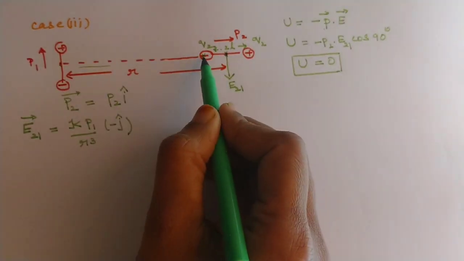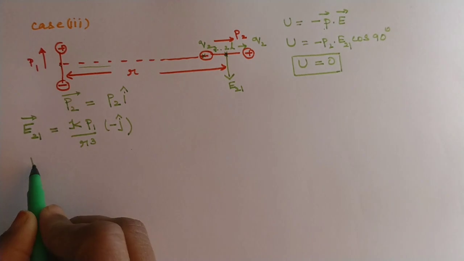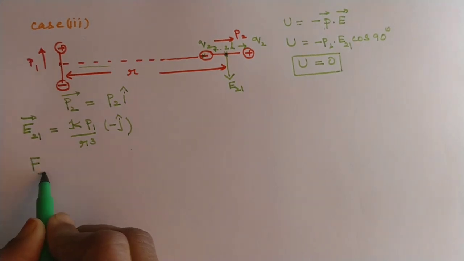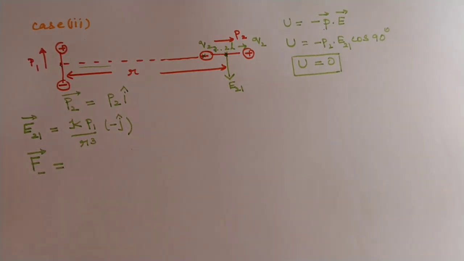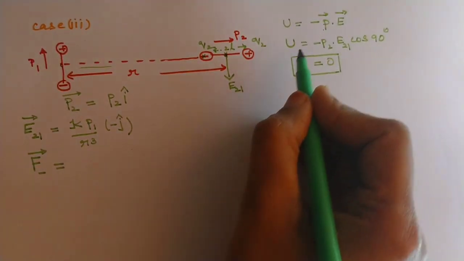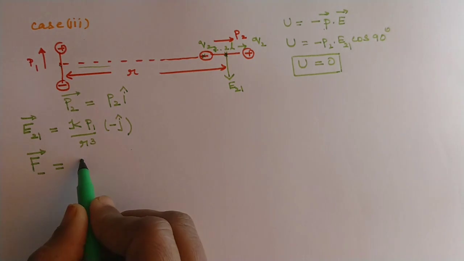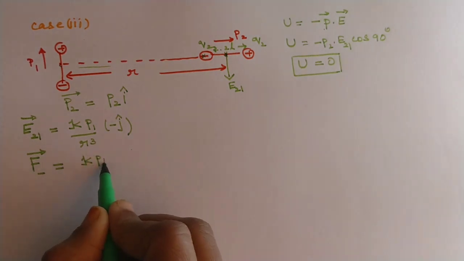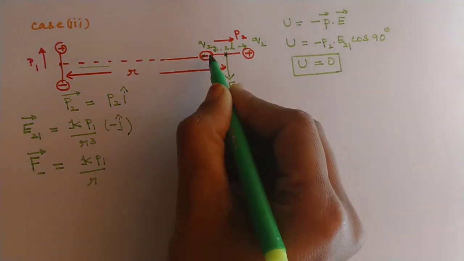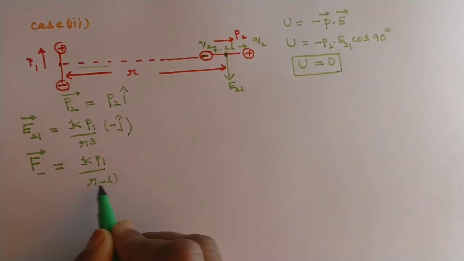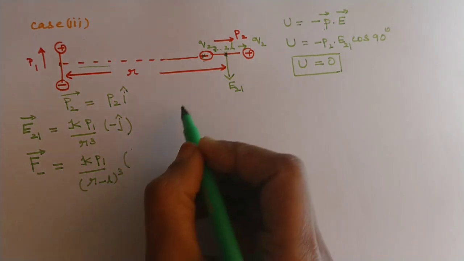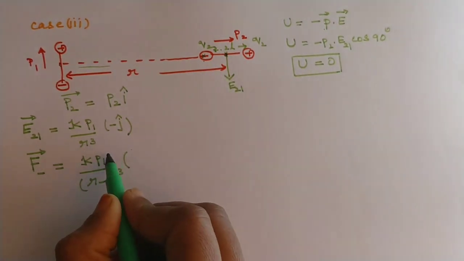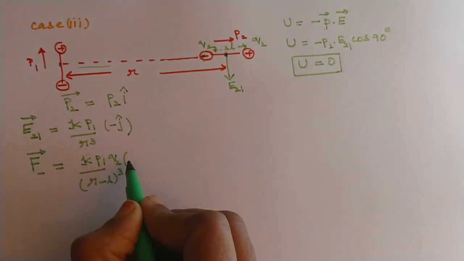If you know the field at the negative charge, then I can find the force. So the force acting on the negative charge of P2 is given by, write the field, it is K P1 divided by R minus L whole cube, because this is at a distance R minus L, and multiply with the charge Q2.